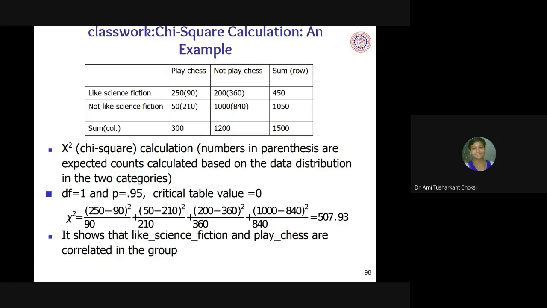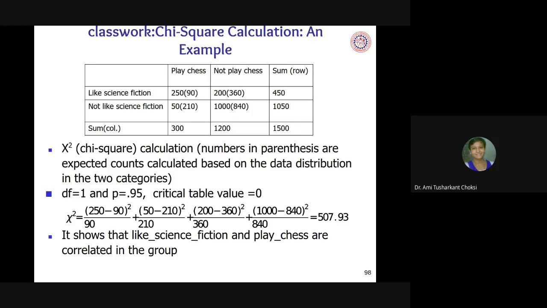What do we say? Observed one is 250, and whatever is given in the bracket, that is the expected one, right? We know that O minus E whole square upon E. Only that? No, we have to have the sigma for that, right? That is the chi-square equation. Fine? Okay.